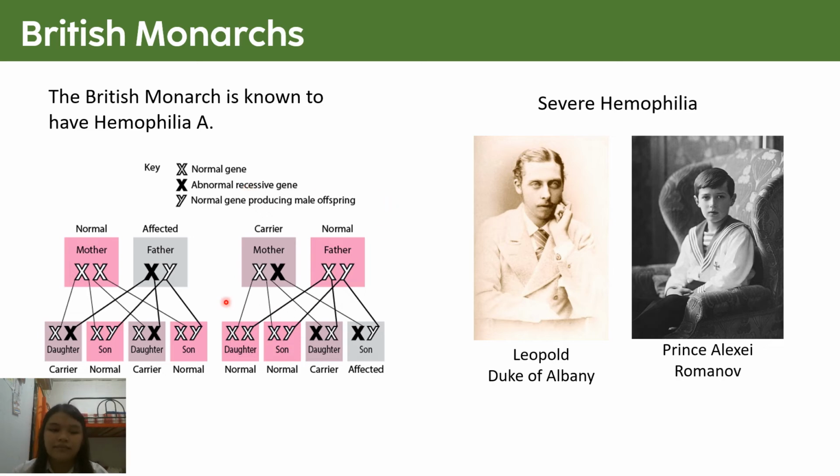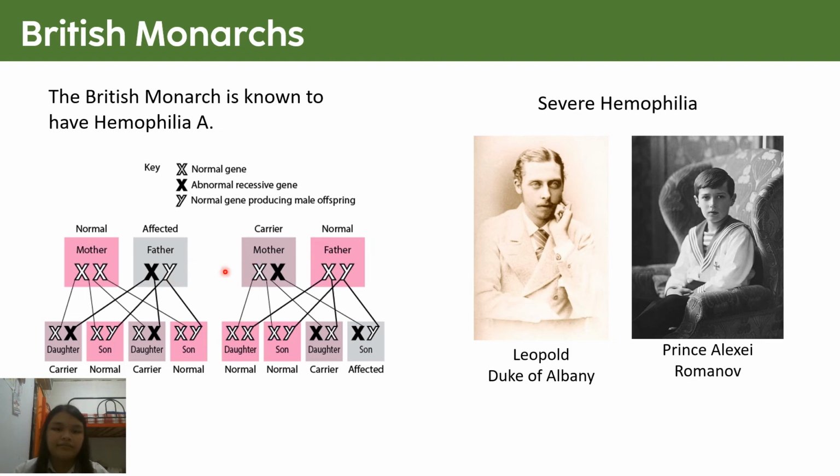But in this diagram right here, we can see that the man is affected. But this woman has a mutation in an X chromosome. But why is she not affected? She is labeled as a carrier. That's because a man doesn't have the other X chromosome to back up the mutation, while women have another X chromosome to back up the mutation in the other X chromosome.